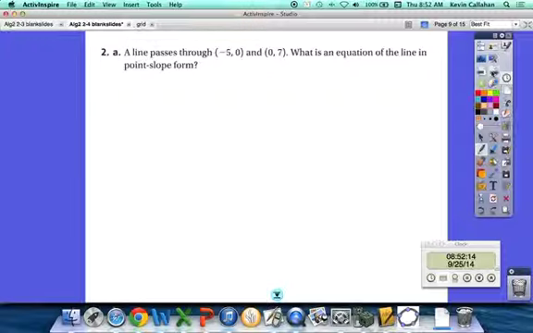All right, so let's see. The slope, the m, would have been y2 minus y1 over x2 minus x1, 7 minus 0 over 0 minus negative 5, which is 7 over 5.